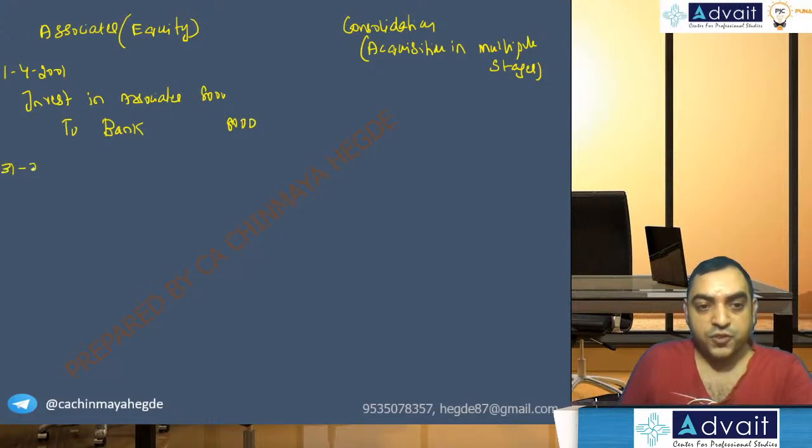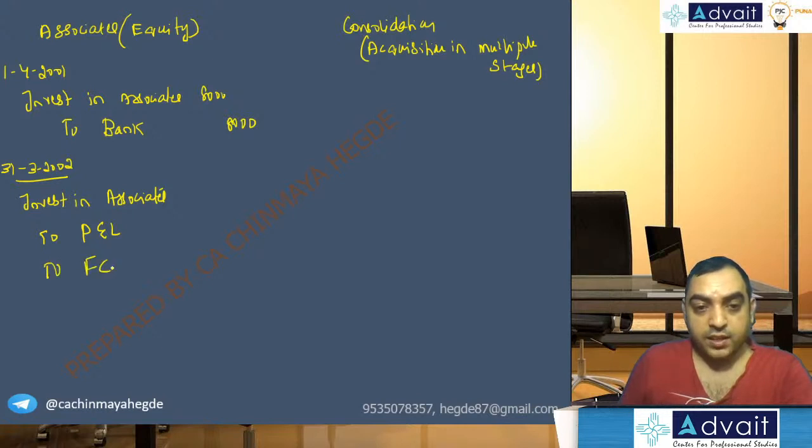Then on 31st of March 2002, you have a share. So you have to account it on equity method, that is investment in associates. You will transfer it to various elements: to share in P&L account, to exchange difference in OCI, FCTR, foreign currency translation reserve, OCI, and revaluation reserve, that is again in OCI.